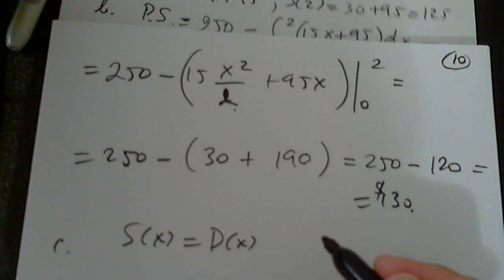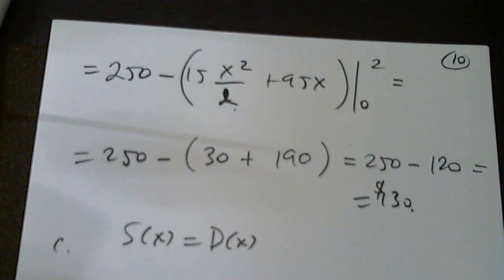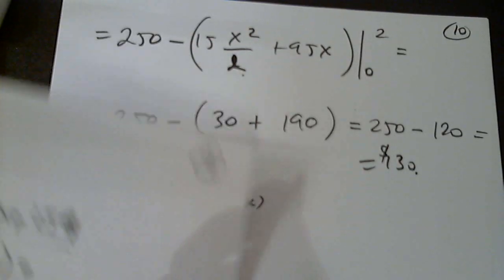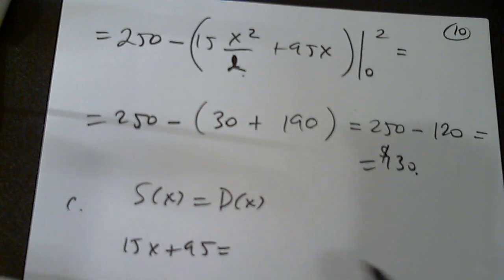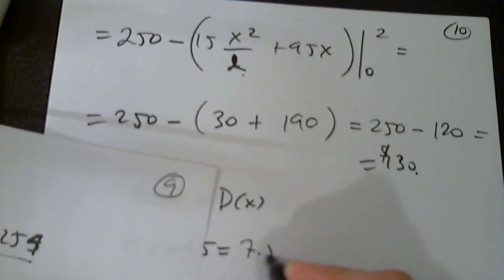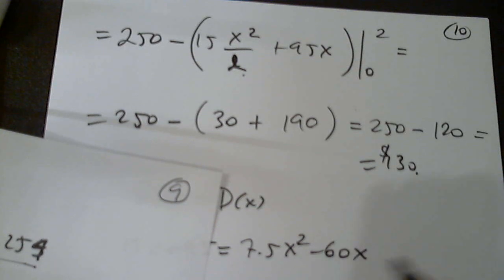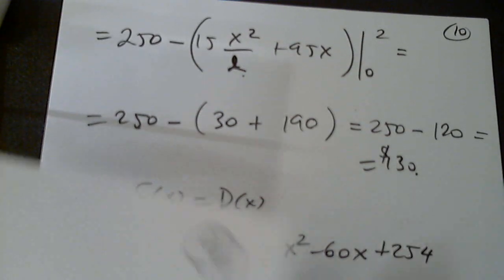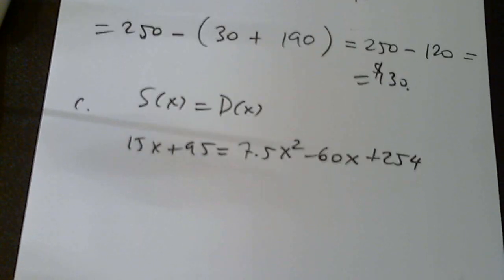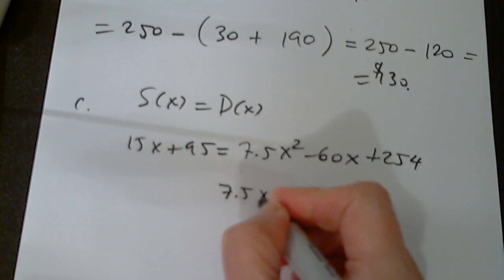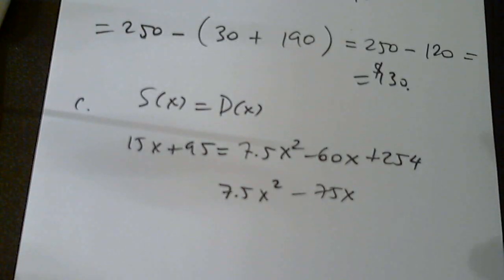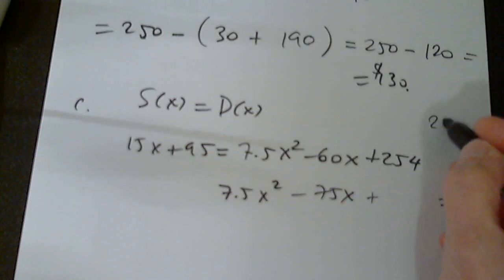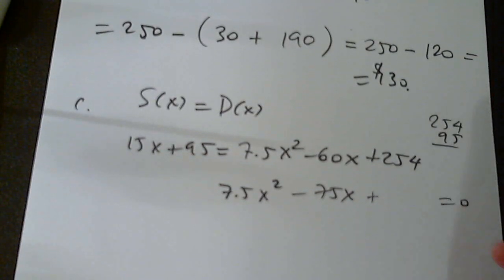Okay, so the supply, where is my supply? So 15x plus 95 equals 7.5x squared minus 60x plus 254. Okay, so 7.5x squared minus 75x and plus 254 minus 95.